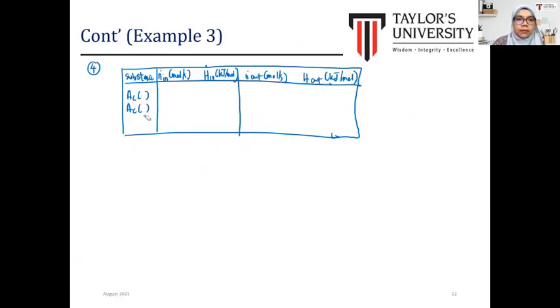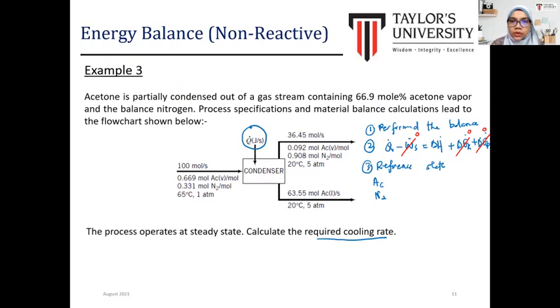We start with the vapor and follow the stream: vapor, liquid, and nitrogen. For the n mole values, we already have the information here. How do we choose the reference? N1 is given, and for the liquid, there is no input, so we can ignore the specific enthalpy for acetone in liquid at the input. Nitrogen we can also calculate.